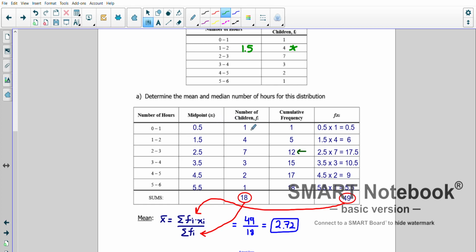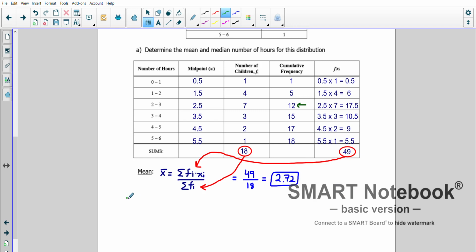Now there's one child in that interval, so it's going to be 0.5. If I were to actually start writing out this data set, the first child would be 0.5. Between 1 and 2 hours, the average is 1.5. So there are 4 kids watching TV in this interval.